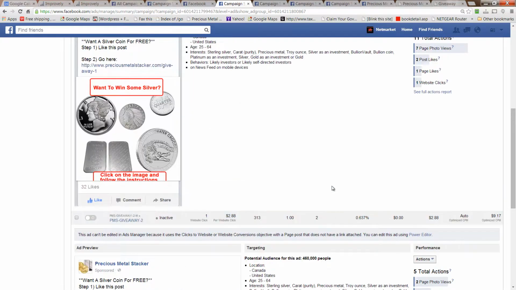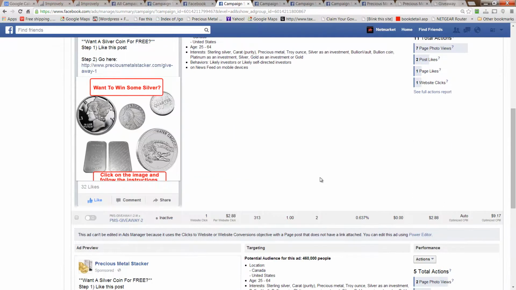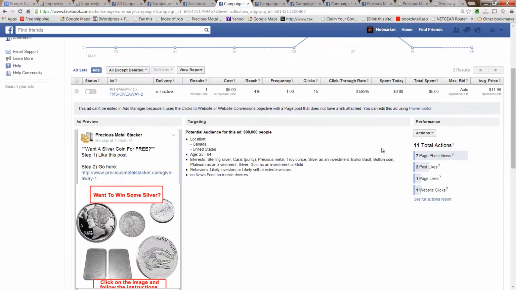This didn't perform well at all, and we killed the campaign when I saw that we got 15 clicks but weren't getting any opt-ins. I got one lead here, but it cost us $2.88 to get that lead, which was way more than we should be spending for a giveaway type of page. So this bombed, and we killed it.